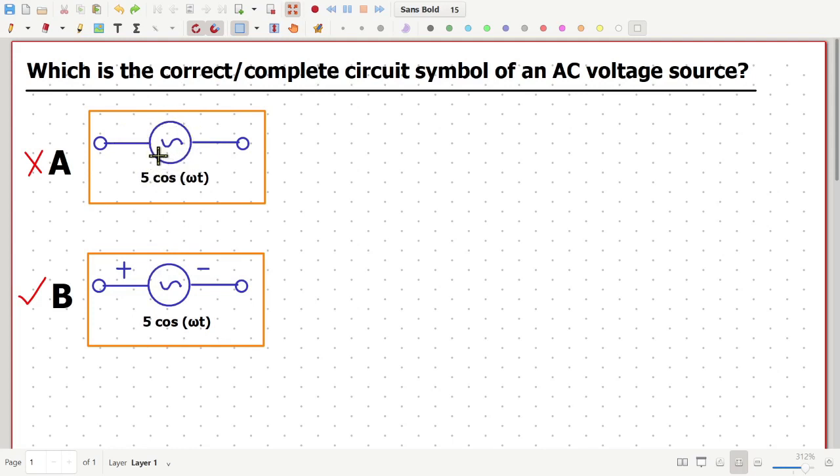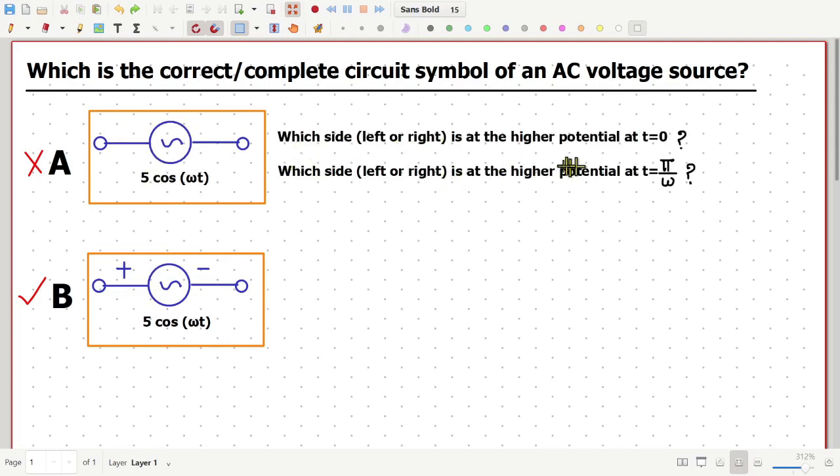For example, I can ask these questions. Which side of the source, left side or the right side, is at the higher potential at time 0? Or which side of the source, left side or right side, is at the higher potential at time pi by omega?